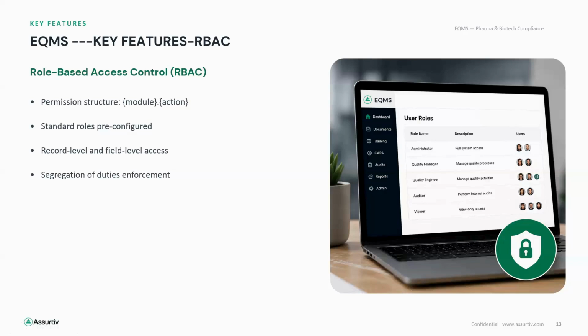This is very much important because in the organization, there are almost 7 to 8 departments where multiple users will be there. So, initiator, reviewer, approver. These are the different roles which we define as per the context for EQMS. Some of the standard roles are pre-configured, and permission structure will be there, and record level and field level access.